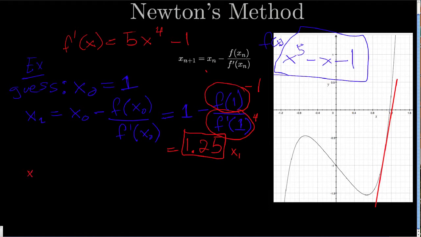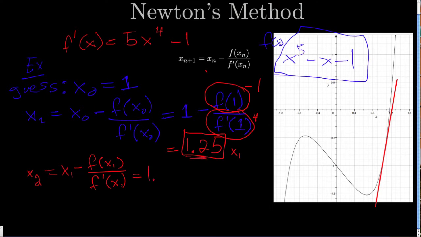Then I do another one, and I do exactly the same thing, except that now I have x sub 1 minus f of x sub 1 over f prime of x sub 1. This time, instead of using 1, I'm going to use my 1.25.